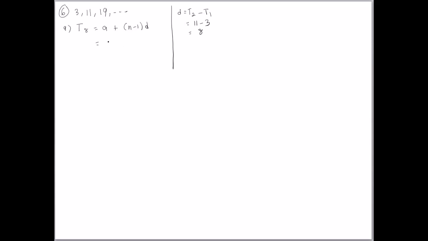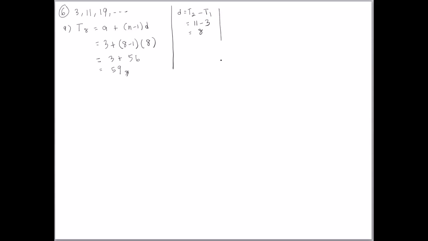Now we can substitute A, 3 plus our n is 8, 8 minus 1, and then substitute D, 8. 3 plus 8 minus 1 is 7. 7 multiplied by 8, 56. 56 plus 3 is 59.